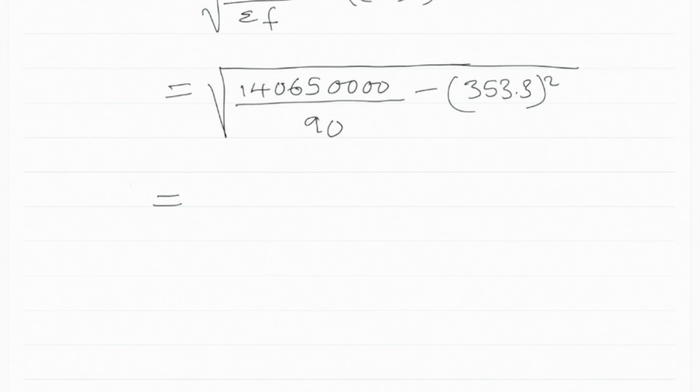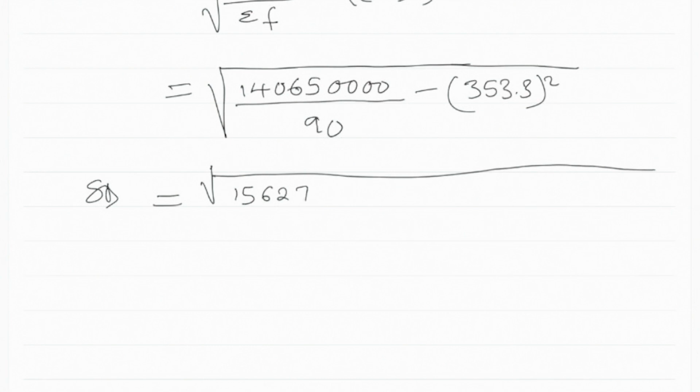You are going to have the following. Your standard deviation is going to be the square root of 156277.7778 minus, when you square this, you are going to have 124,820.